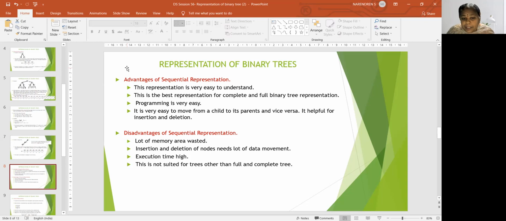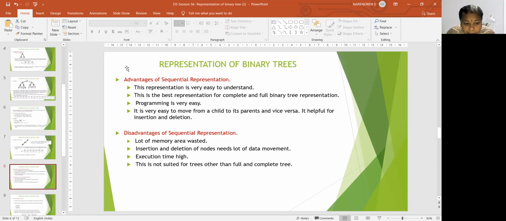When you are doing insertion and deletion operations, the movement from left to right or right to left means more sequential work. The results are not going to be achieved immediately. If data movement is more, then execution time is also high.